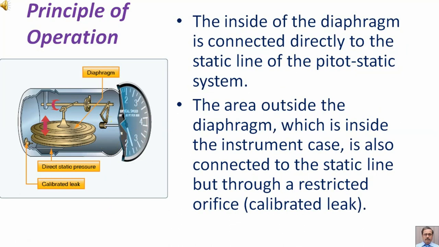The inside of the diaphragm is connected directly to the static line of the pitot static system. The area outside the diaphragm, which is inside the instrument case, is also connected to the static line but through a restricted orifice, that is calibrated leak.